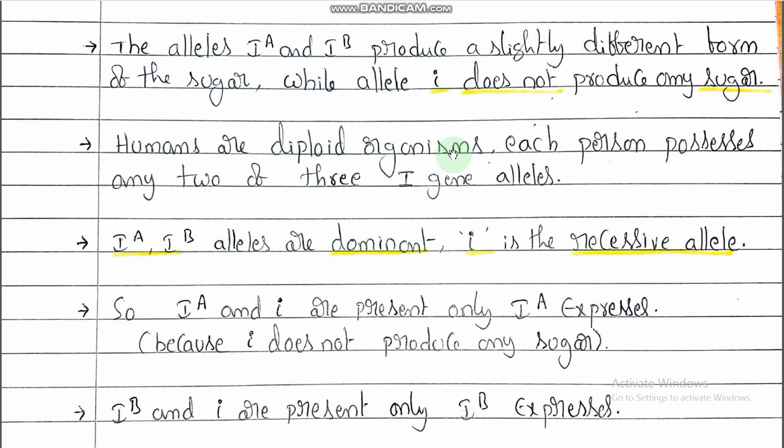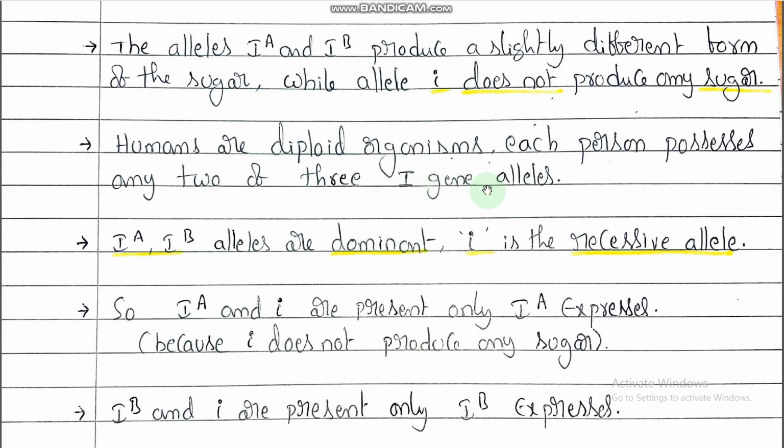No human body consists of all 3 alleles. Within the 3, only 2 are present. Why? Because humans are diploid organisms. In which form is the human body? 2n form. 2n means diploid.